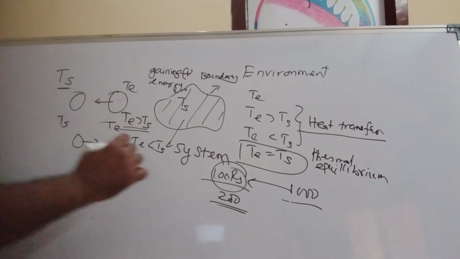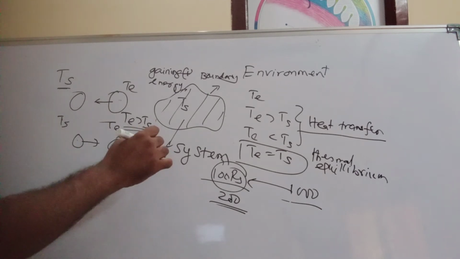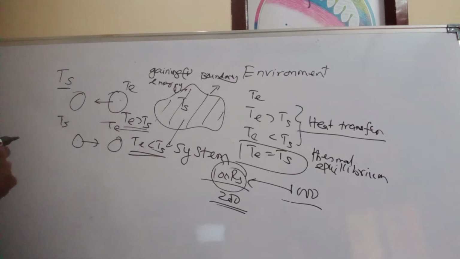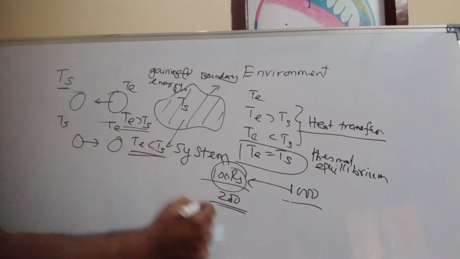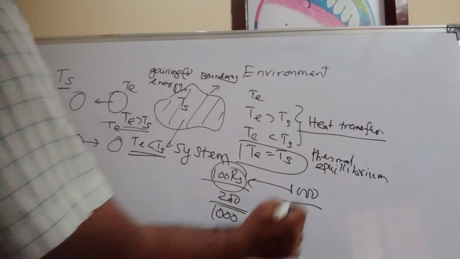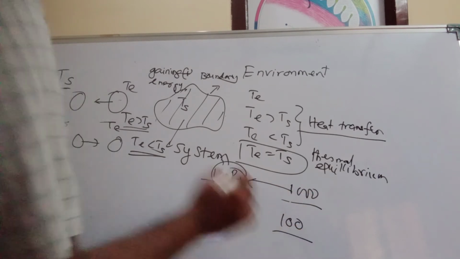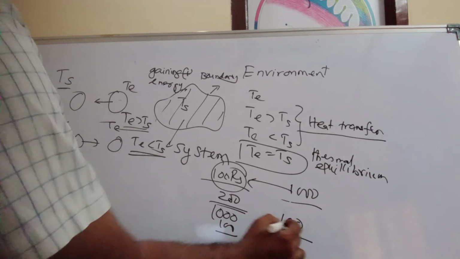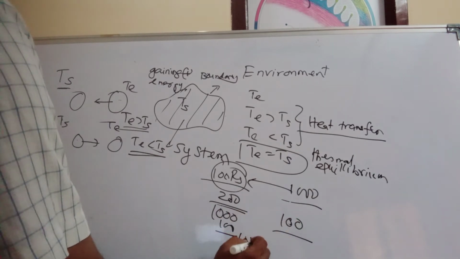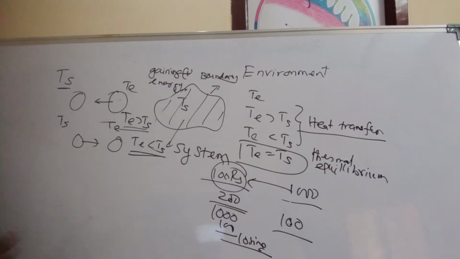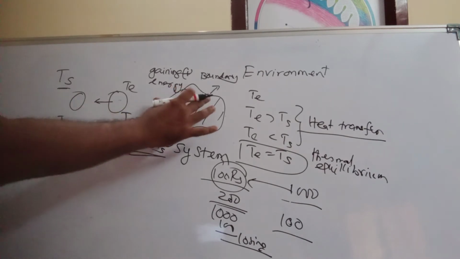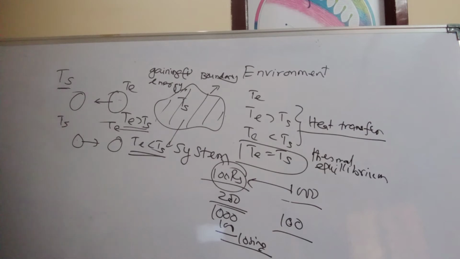Another situation where the temperature of the system is more when compared with the temperature of the environment. Let us say now this has got 1000 rupees. There's another person who has only 100 rupees. So he is giving some 100 rupees now. So he is losing money. So here, when the temperature of the system is more, the system is losing energy.